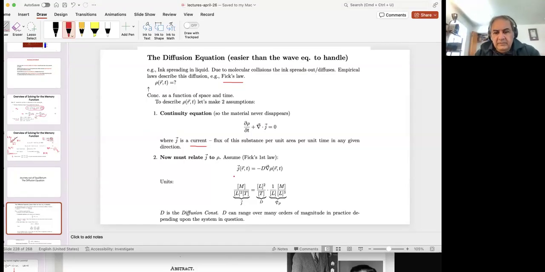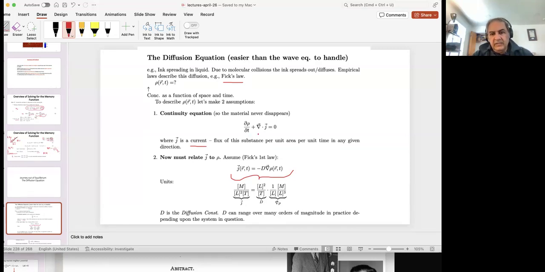And that can be described more formally, this current, as the negative of diffusion constant D times the gradient of rho. Rho is a scalar, so how rho is falling is a function of space. So that's my current vector, if you will. And the divergence of the current vector is what del rho del t is.